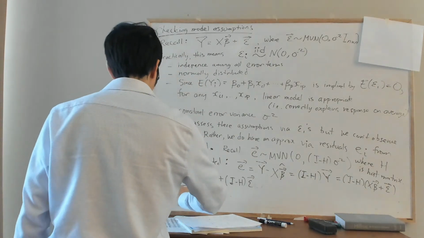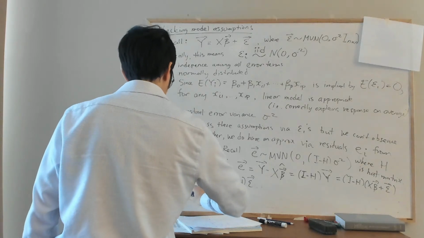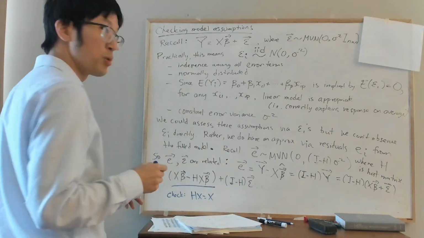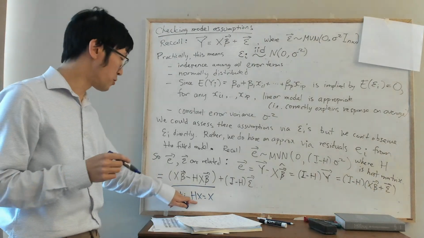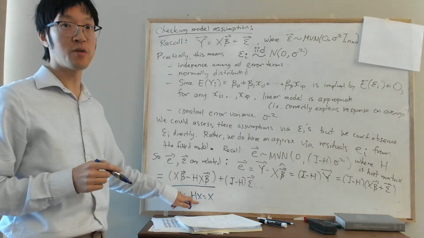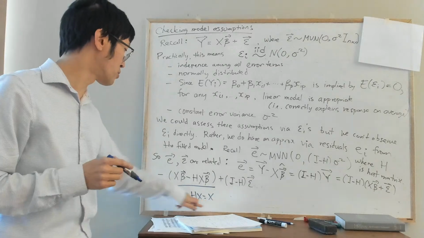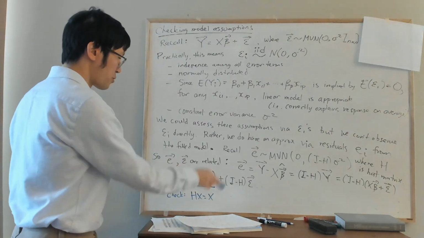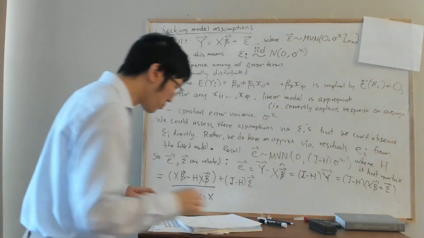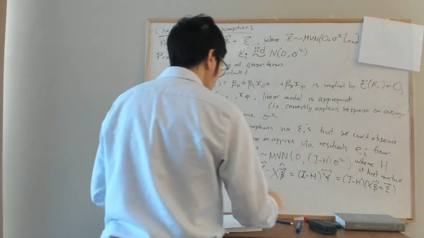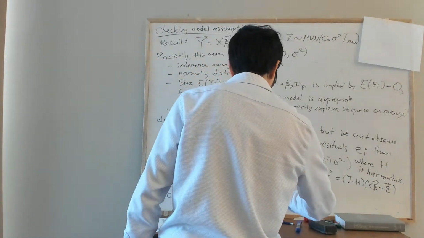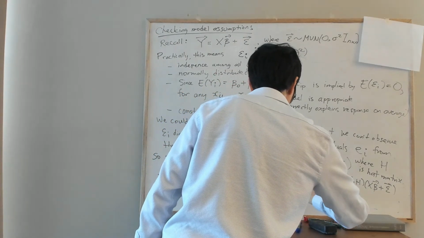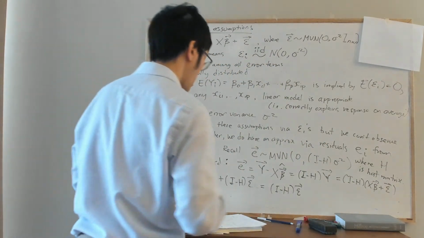You can easily check that the hat matrix times x is simply x, because once you write it out, one of the x transpose x inverse cancels. So hx is just x, and this first term disappears. Therefore, in the end we get identity minus hat times epsilon.